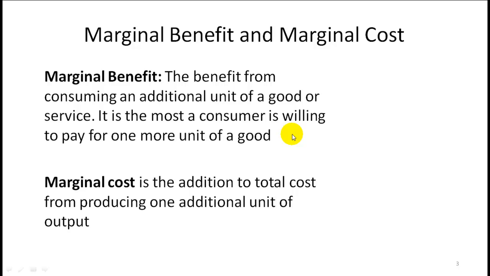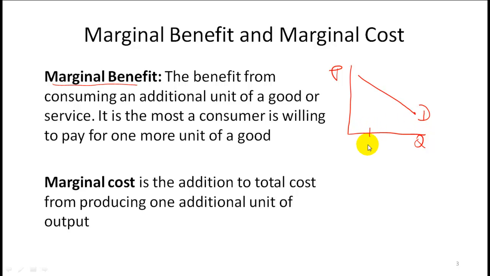Now this is critical, the concept of marginal benefit and marginal cost. What's marginal benefit? Marginal benefit is the benefit from consuming an additional unit of a good or service. So it is essentially the most a consumer is willing to pay for one more unit. And what you must understand is that the marginal benefit curve is synonymous with the demand curve.